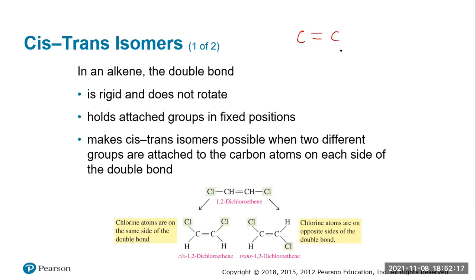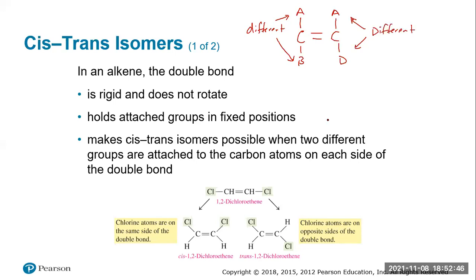And within the double bond, on one of the carbons, say on the left, you need to have different groups. So these two things need to be different. We'll go over here, A, and we'll go D. These groups on this carbon need to be different.